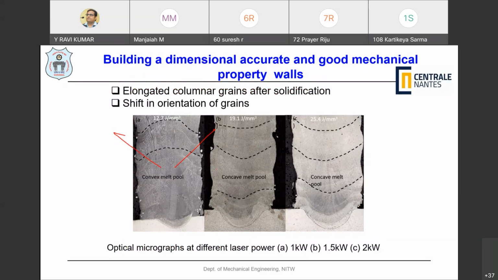But here, if you have sufficient amount of energy density, outward to inward is going to take place. This is what we are expecting: the concave melt profiles, and through the build direction, the grains should be oriented. Here we are having highly good mechanical properties in the fabricated component.